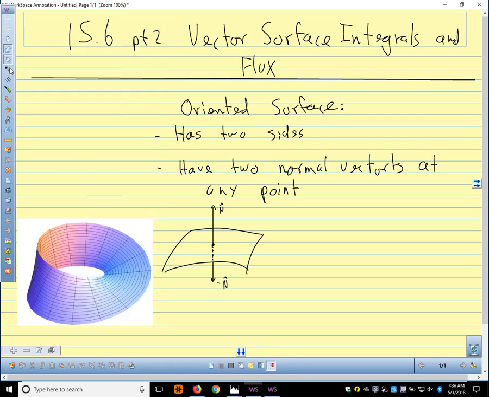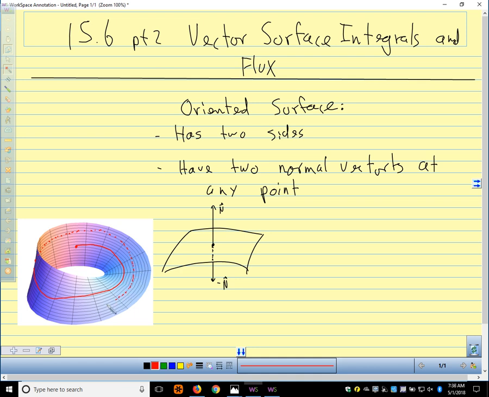If you think about drawing a line around this surface, maybe I'll do it in red, I start here and go around, and I end up back here, and I go around. I haven't crossed an edge, and I get back to there. You take a sheet of paper, give it a half twist, and connect it together.